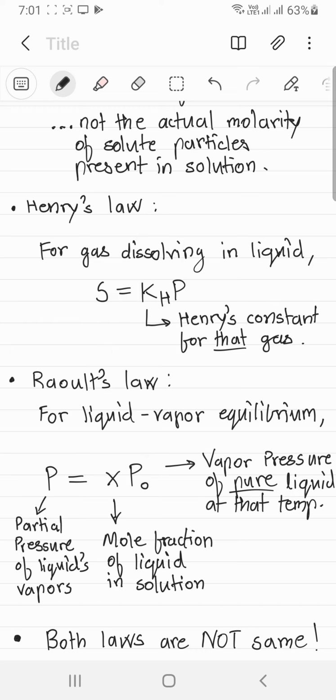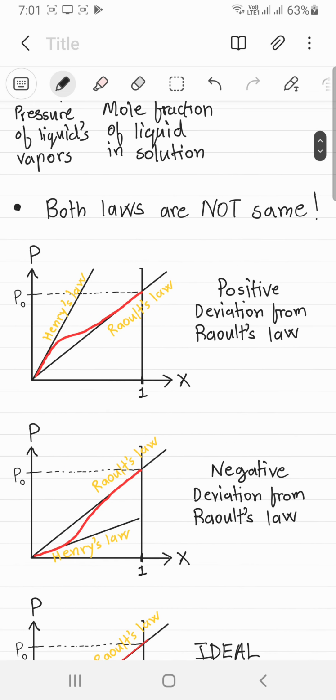But that's not correct. These are applied in two different cases, and there is one case when both of them are the same thing, but we'll talk about that later. So for non-ideal, real liquids and real solutions, these two laws are different.